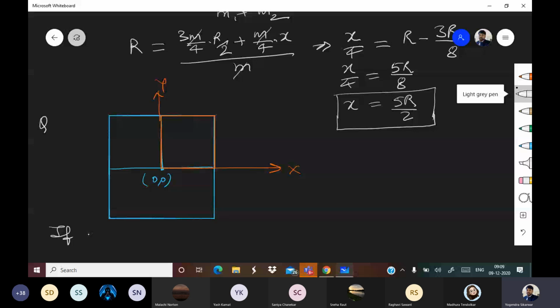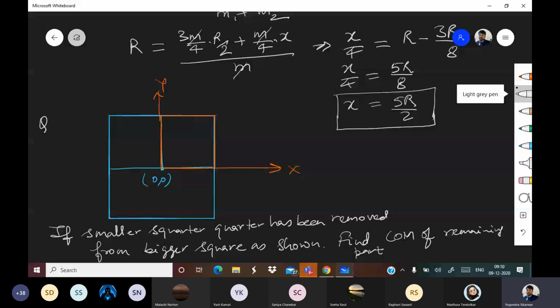Okay, the part which will be left after removal, find the center of mass of that part. Please solve, everyone.